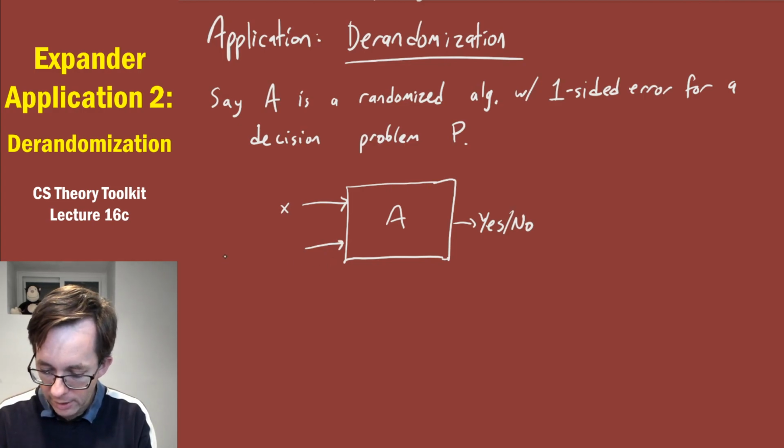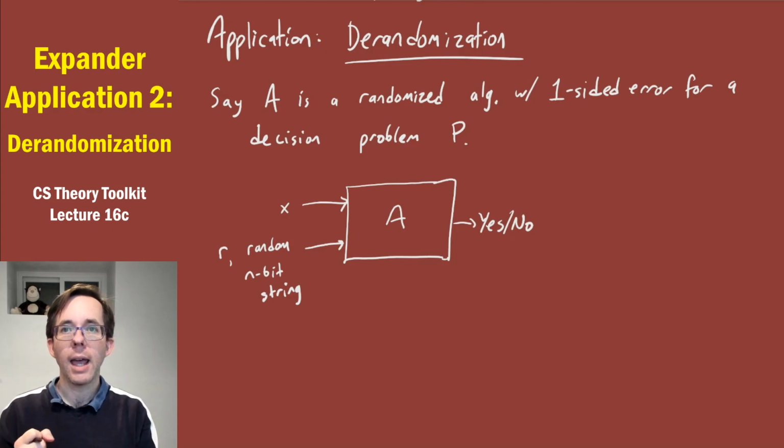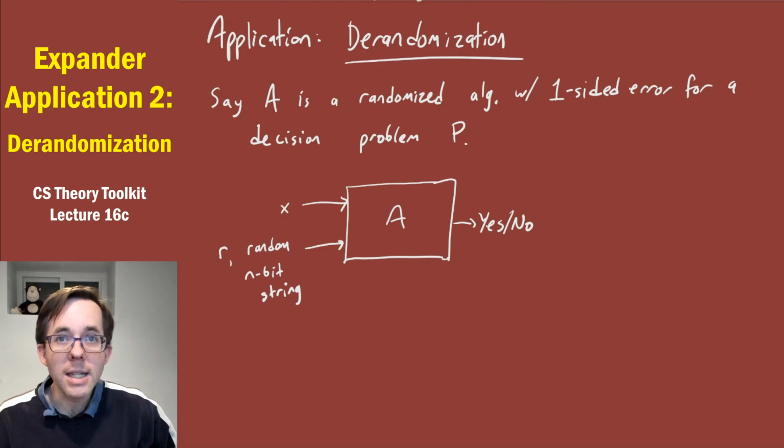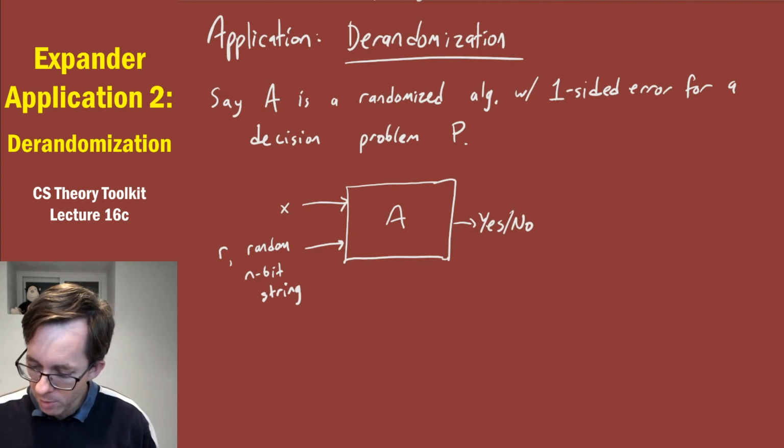So let's imagine that A is a deterministic algorithm that gets access to R, a random n-bit string. We pull the random bits out of the algorithm. Now, to say that A solves the decision problem P with one-sided error, and we'll assume it has error 1% for this example, it has these properties.